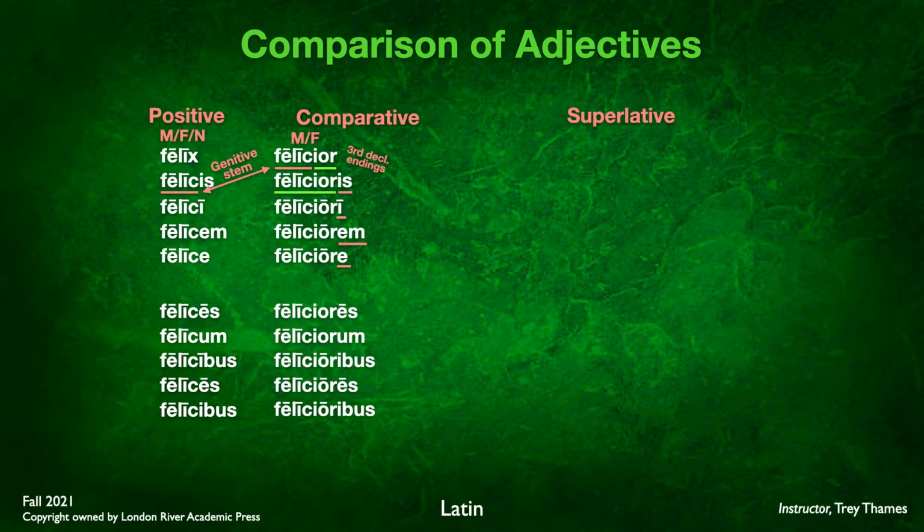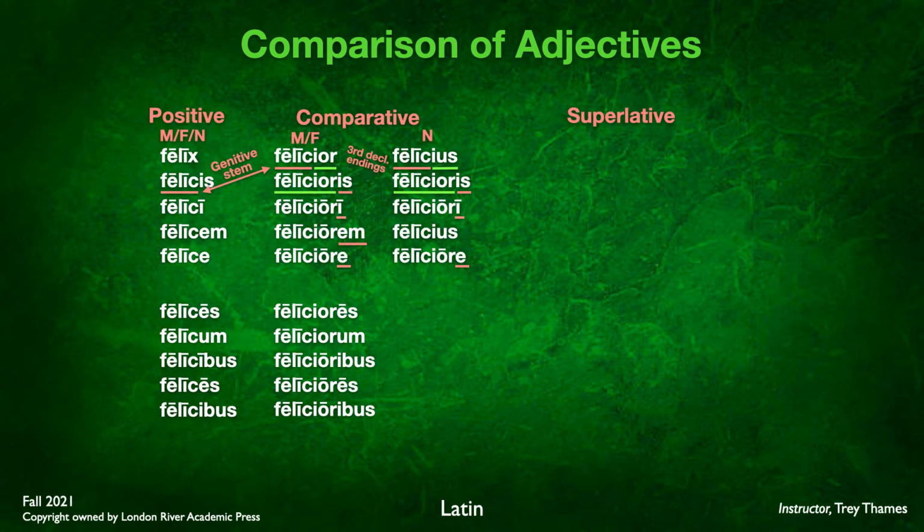Now for the neuter, we're going to use the stem again, felic-, but we add the infix -ius. And again, there's no ending for the neuter here. So we got felicius for the nominative. For the genitive, we're going to take felicior back to that -ior, and again add the third declension endings: -is, -i, -em, -e, etc. Excuse me, correction.